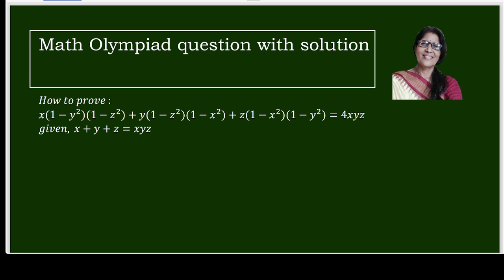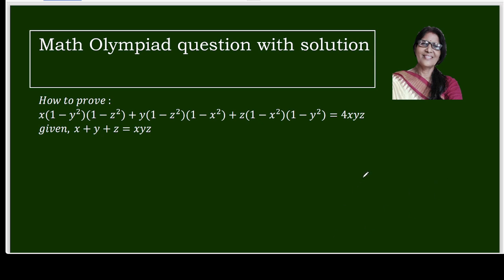Today, a Math Olympiad challenge: how to prove x(1 minus y square)(1 minus z square) plus y(1 minus z square)(1 minus x square) plus z(1 minus x square)(1 minus y square) equals 4xyz, given that x plus y plus z equals xyz.